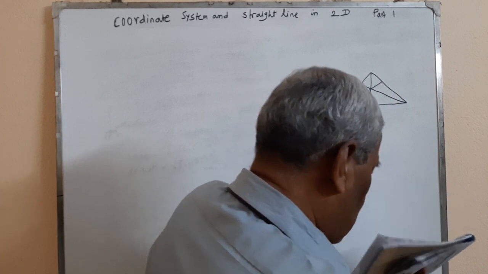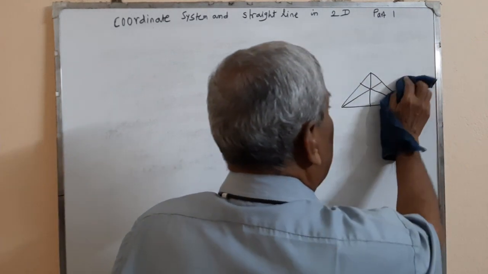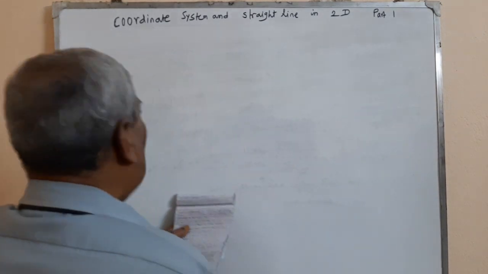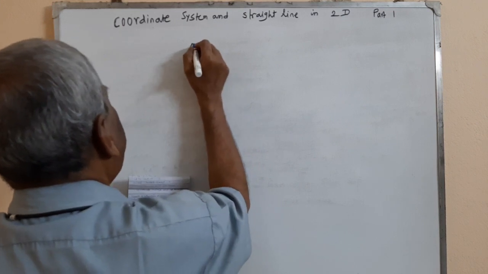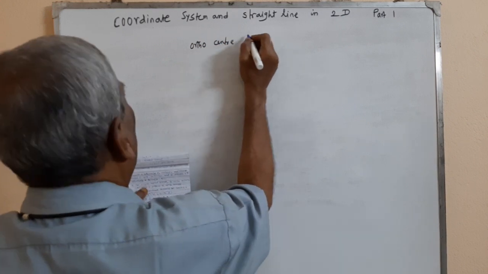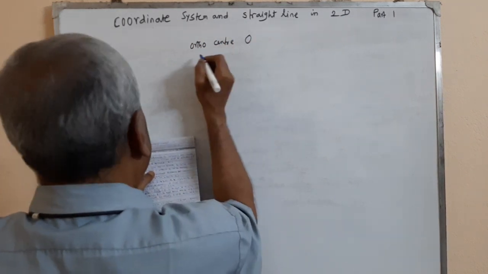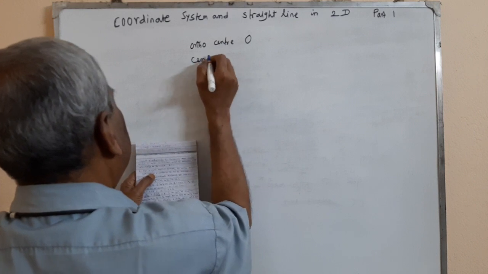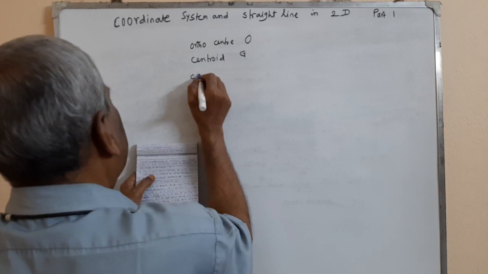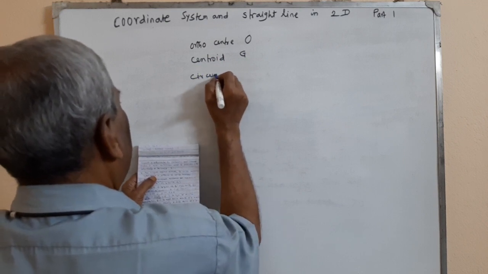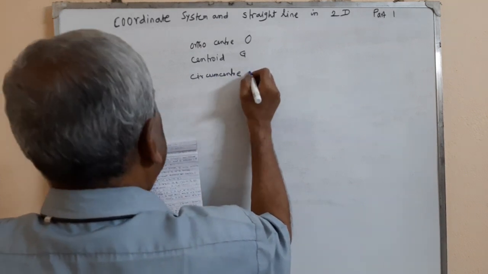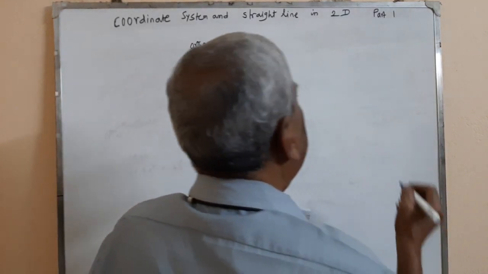So there is a very important rule. The orthocenter O, centroid G, and circumcenter C are collinear.